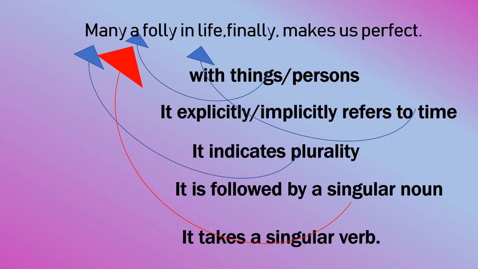Coming to the fifth characteristic: it takes a singular verb. We can see that makes is a singular verb. The plural form of make is make itself. We cannot add s to it. When we add s to a verb, it's a singular form.